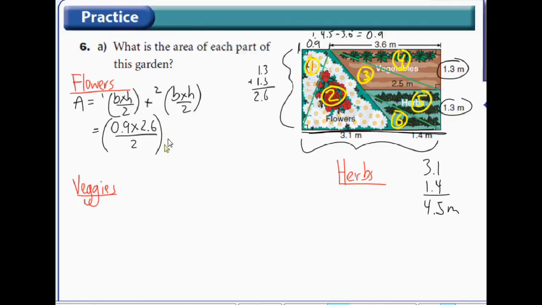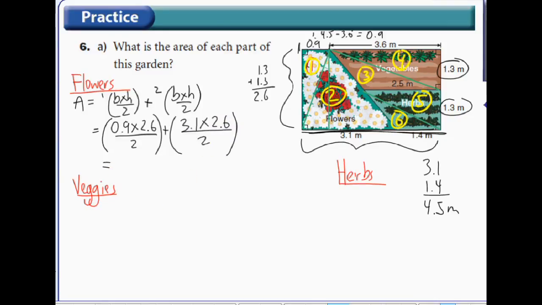That's triangle number 1. Triangle number 2 is over here. Well, we know this is 3.1. They've given that information to us. How nice. Times our height, which, even though it's a different shaped triangle, is the same height as the first triangle, 2.6. And then we will divide that all by 2.